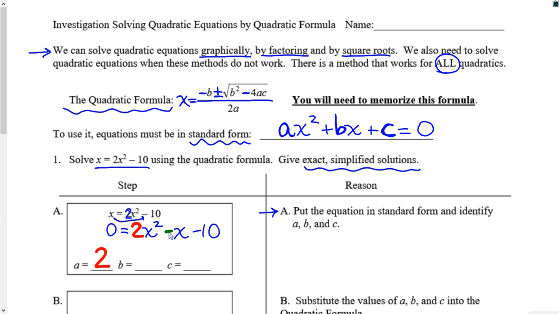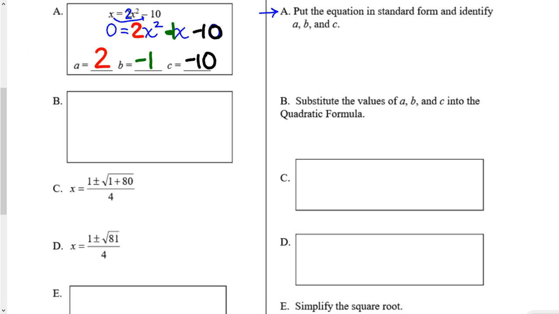My b is the coefficient of x. Since there's just a subtract there, the coefficient is really negative 1. And my c is the constant term, or the term without an x, so it is equal to negative 10.